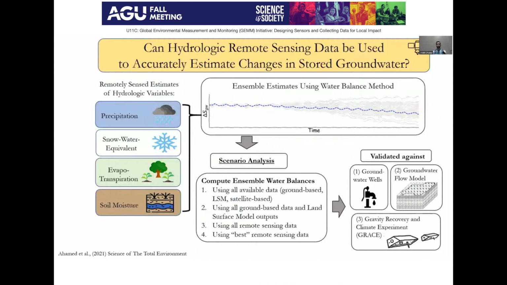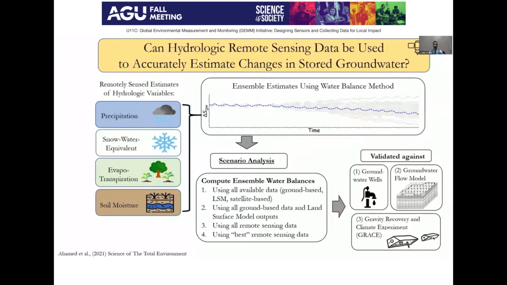So we take remotely sensed estimates of hydrologic variables, being precipitation, snow water equivalent, evapotranspiration, and soil moisture. We construct estimates of the changes in groundwater storage using an ensemble approach to capture the uncertainty inherent in a variety of these measurements. And then we compute a bunch of scenarios in terms of those mass balances.